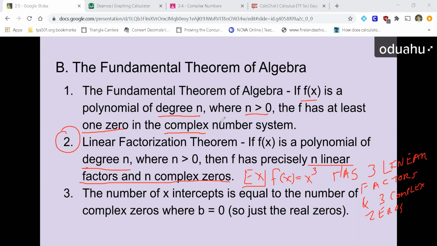What I mean by a linear factor, you don't have to write this down unless you want to, is x to the first plus some constant or minus some constant.